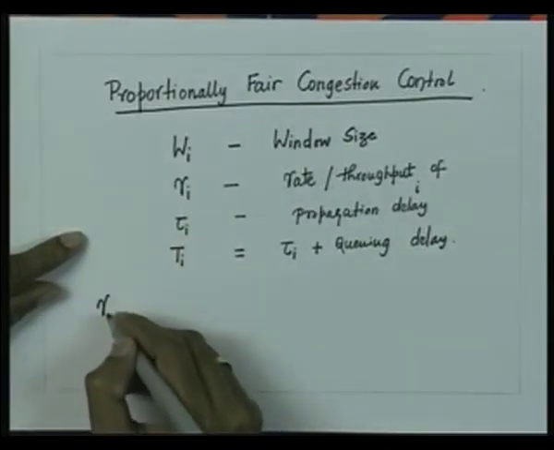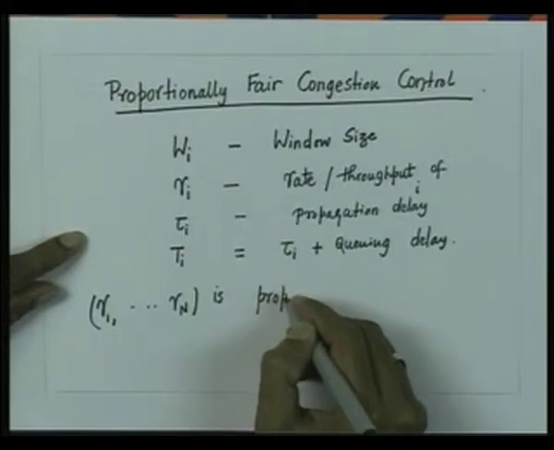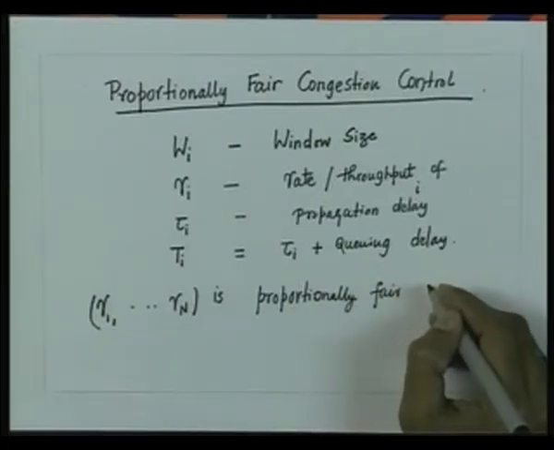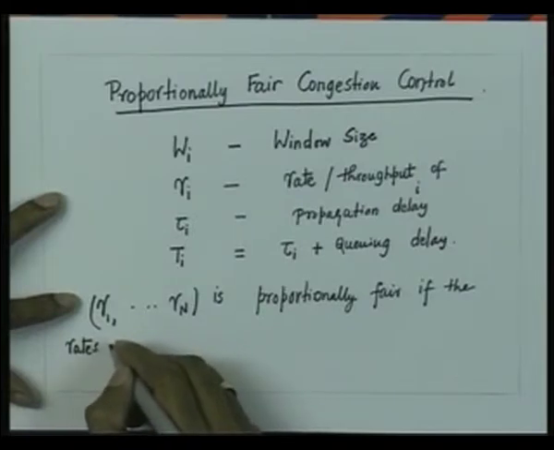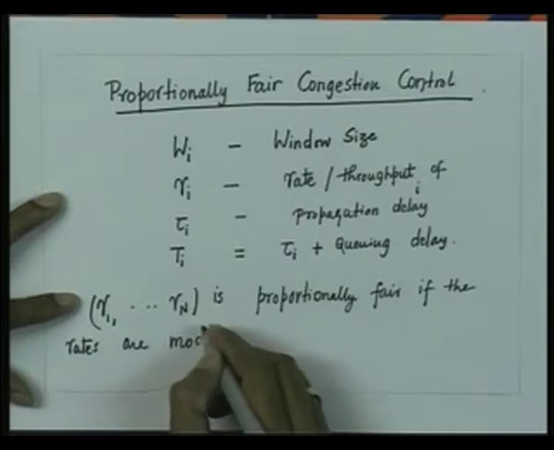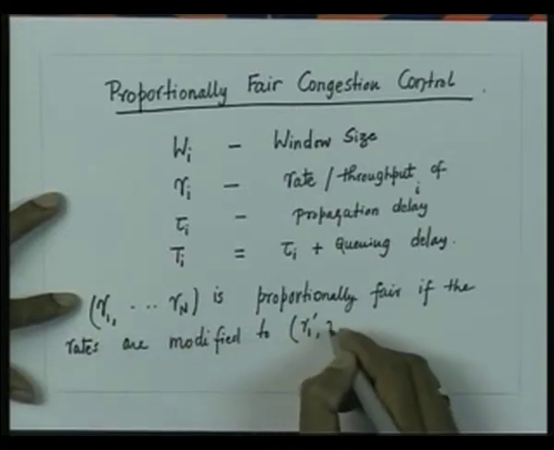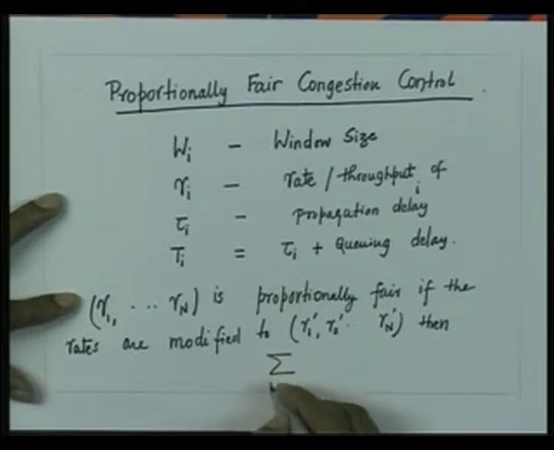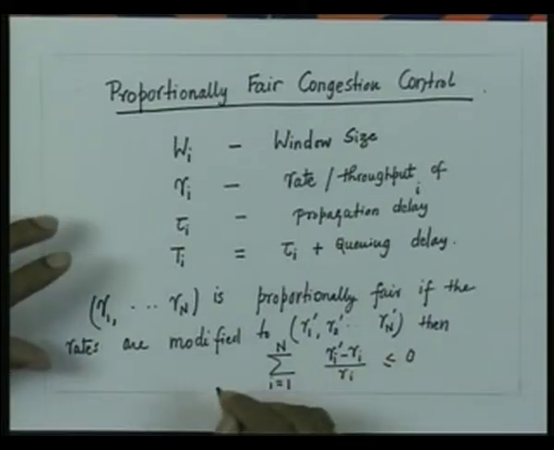So we say that this vector R1 to Rn is proportionally fair if the rates are modified to R1 prime, R2 prime, and so on to Rn prime, then the following condition holds: the summation of i equals 1 to n of (Ri prime minus Ri) upon Ri is less than or equal to 0.